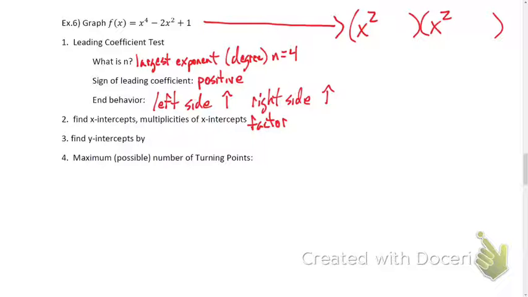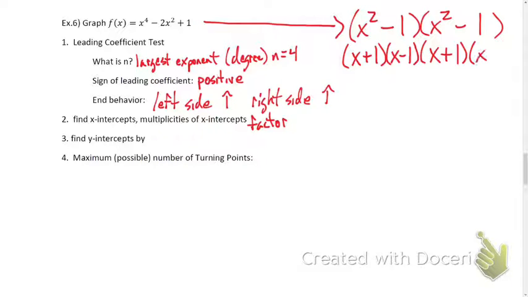So that's the first step. And then you just find 2 numbers that multiply to 1, but add up to -2. And we got it. Now it's not finished. We can break that down. And then in terms of multiplicities, we have 2 of each.